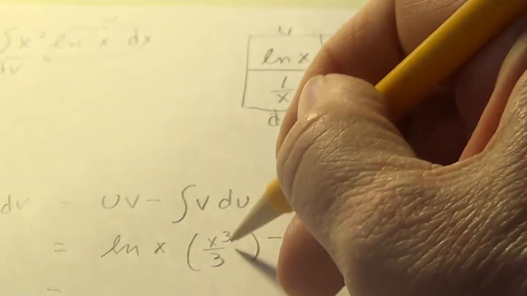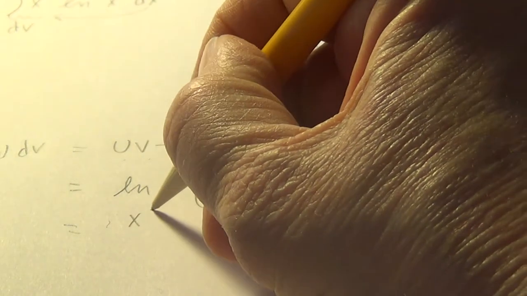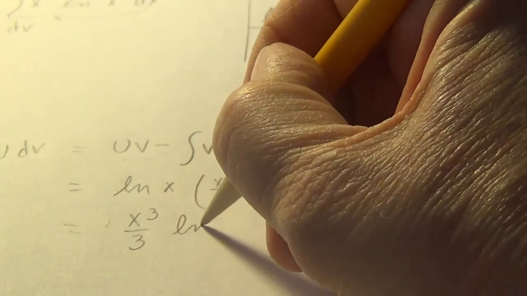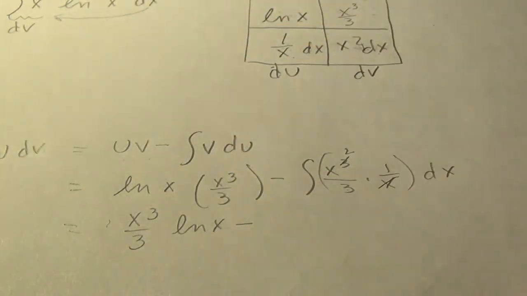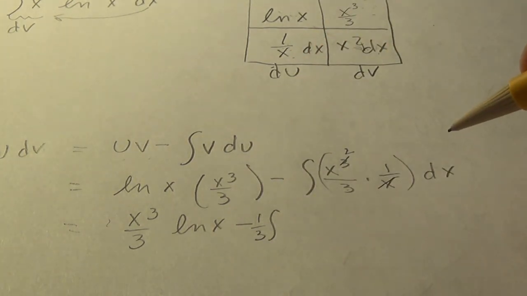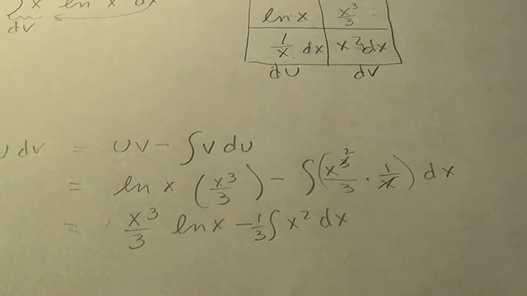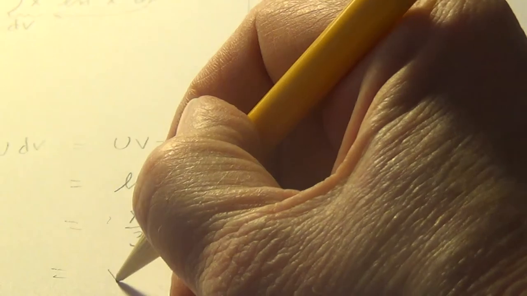So I'll put the x cubed over 3 out in front, ln of x minus the integral. It ends up being the integral of 1/3 out here, and we will have just an x squared dx behind the integral, which is cool beans.